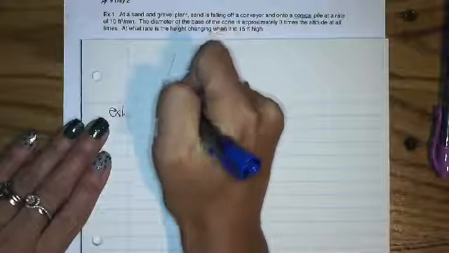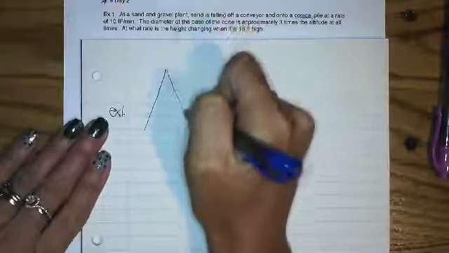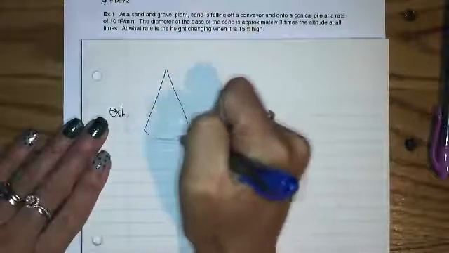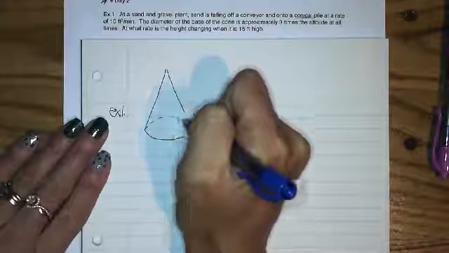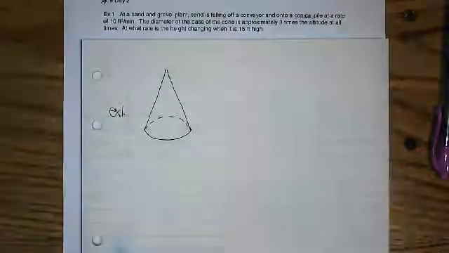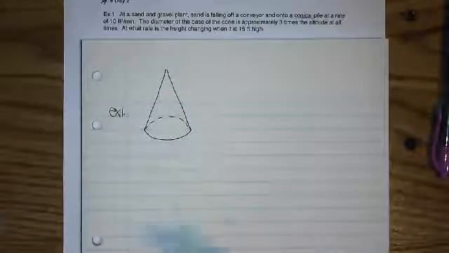Okay, so we'll start with a picture. We've got a cone. Then as the gravel is falling off the conveyor, the cone gets wider, it gets taller. So those dimensions are changing, which is increasing the volume at the same time too.